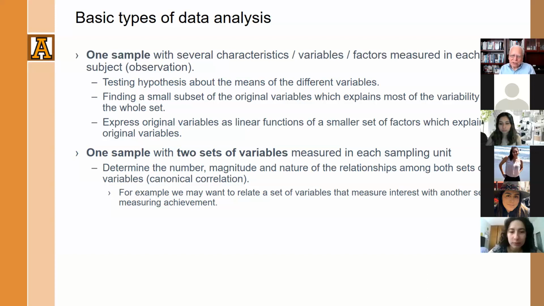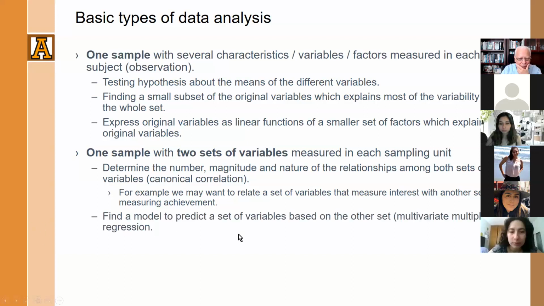And another set of variables may have to do with academic performance. Educators sometimes try to see if there's a relationship between those characteristics that reflect the environment the student is living in and the student's performance.